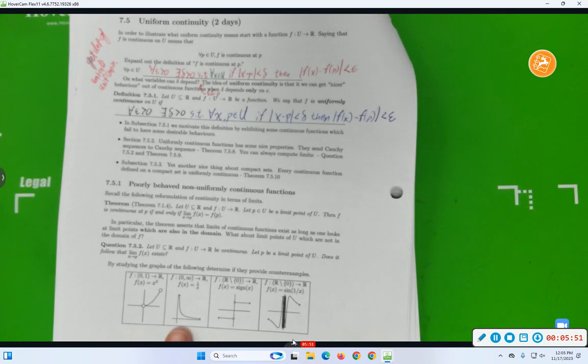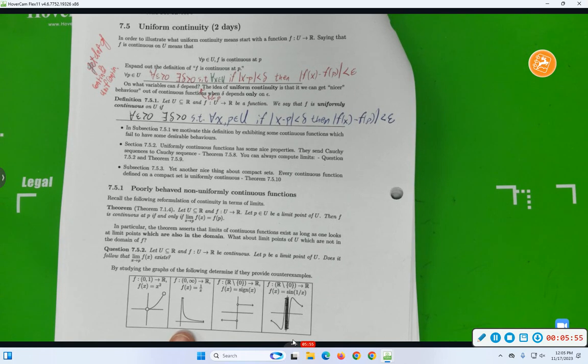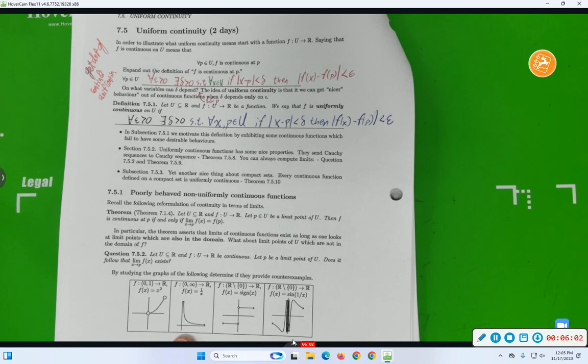There's f of x equals 1 over x, just on the positive numbers. Does that have any properties you would describe as bad? It blows up near zero. That's a kind of bad behavior.